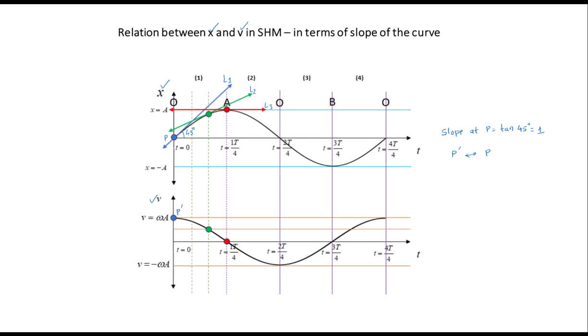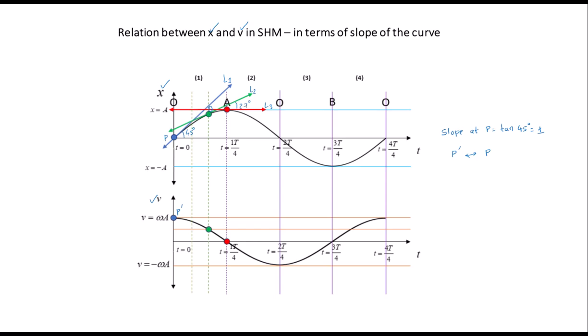Similarly, if we take another point Q on the line L2, and I have to find the slope of that line, I have to see what angle it makes with the horizontal line or the x-axis. In my case, let's say I observed it to be roughly 27 degrees.